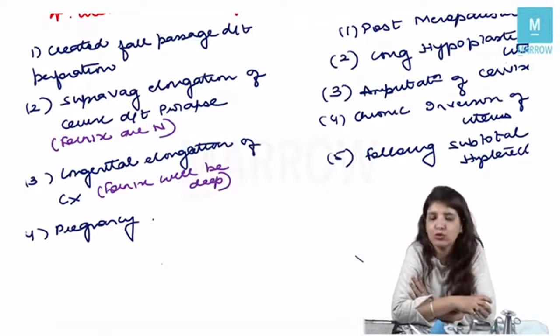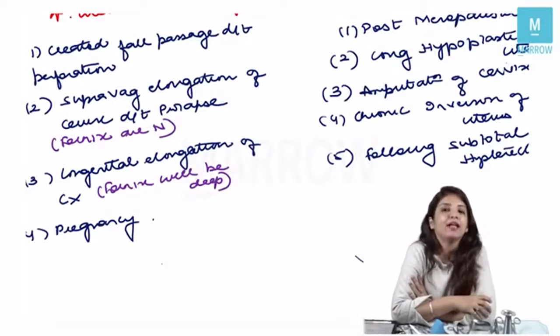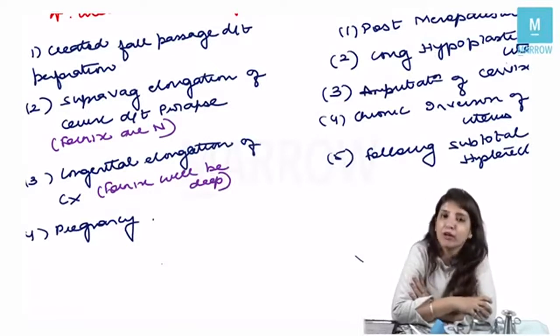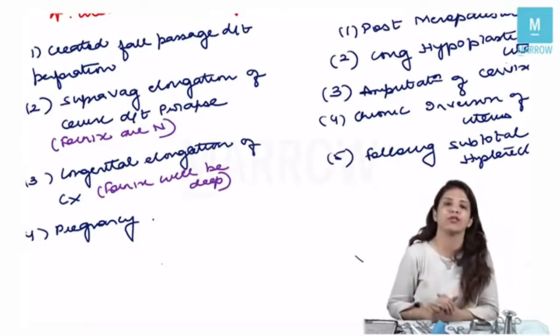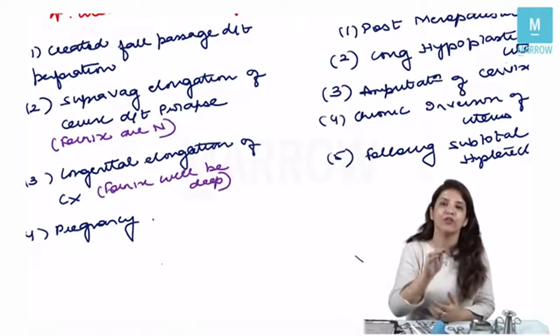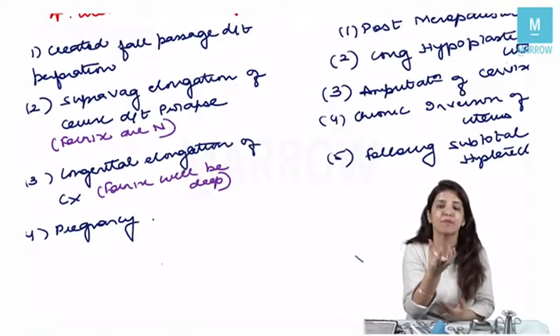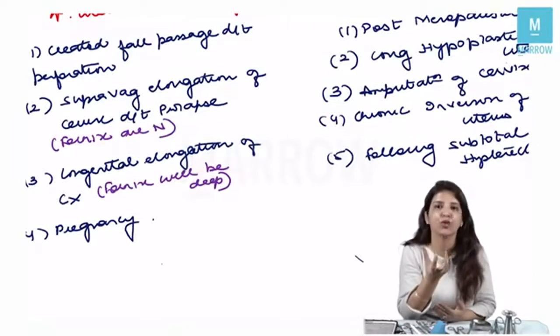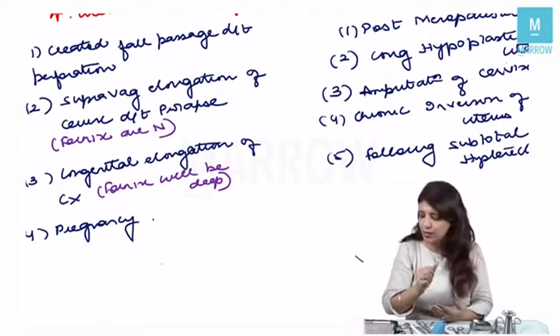Now let's talk about those conditions where the uterocervical length is decreased. The uterocervical length will decrease in menopause. Why? Because in menopause, both the uterus and cervix undergo atrophy. Suppose there is a chronic inversion of the uterus, where the fundus of the uterus has dipped down. Obviously, the uterocervical length is going to decrease.